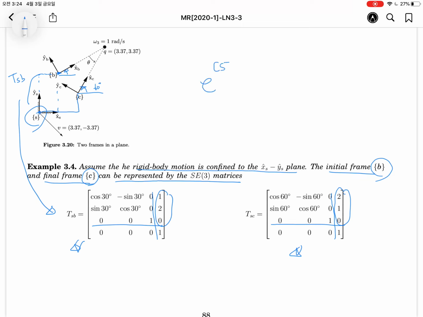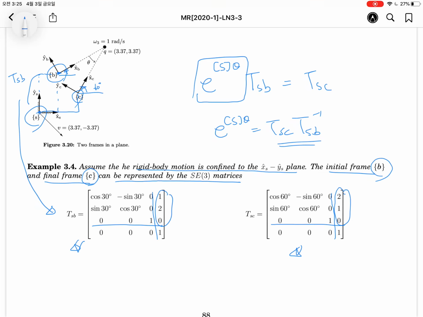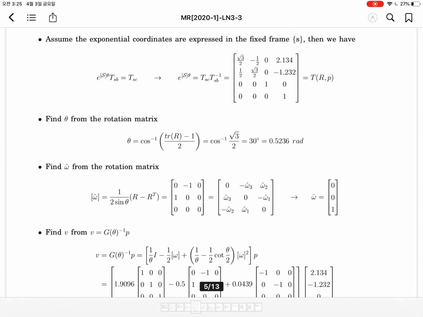So e^[S]theta will act like an operator. TSB will become TSC, because this is the operator to displace the transformation matrix from here to here. The e^[S]theta can be obtained as TSC times TSB inverse. It is very easy to invert this one, and then we multiply to here.